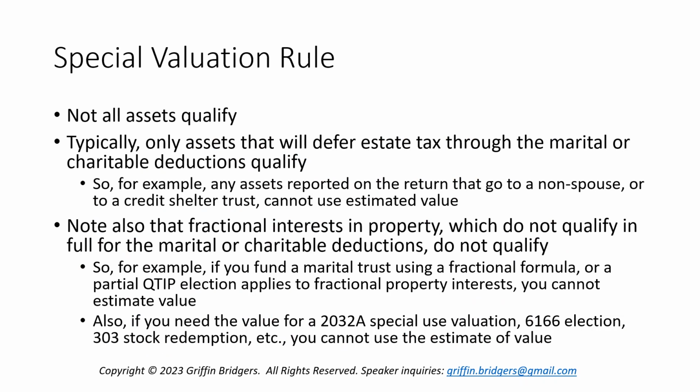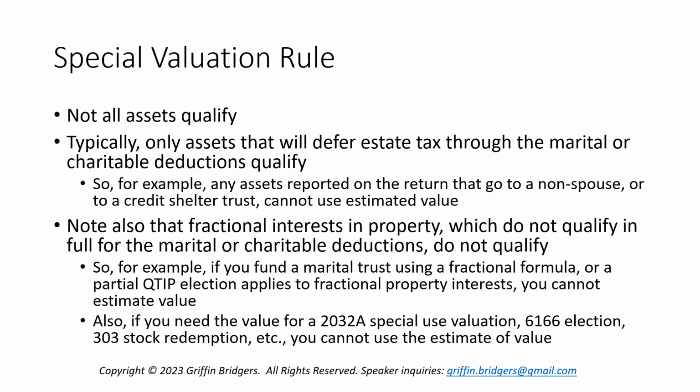Also, there are some other tax elections downstream that can be affected not just by specific assets, but also by the value of maybe the adjusted gross estate in full. For example, if you wanted to claim a special use valuation, or if you wanted to make the Section 6166 election to pay estate taxes in installments, or even in a non-estate tax situation, if you wanted to make a Code Section 303 stock redemption, those elections may create a situation where you can't use the estimate of value.